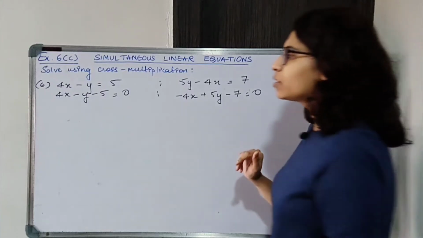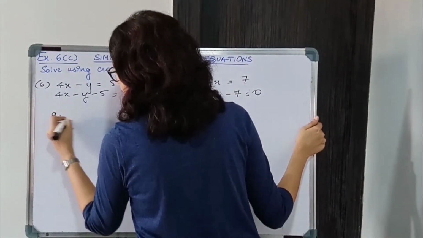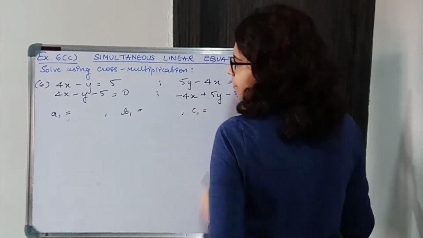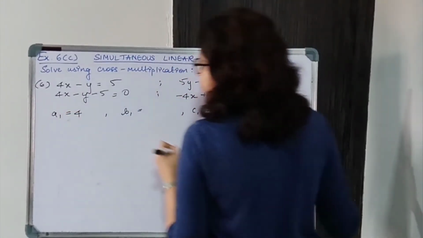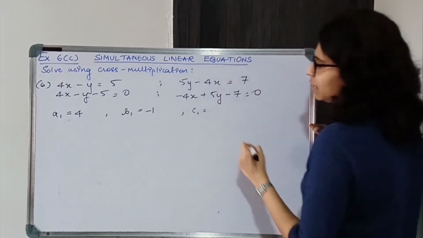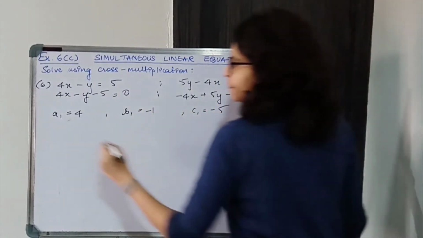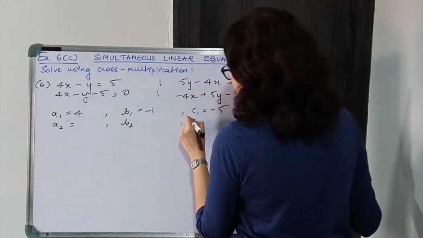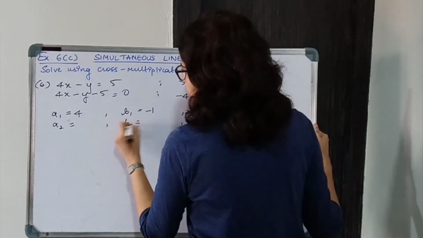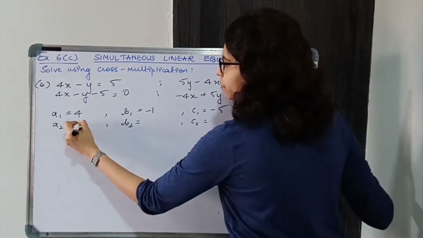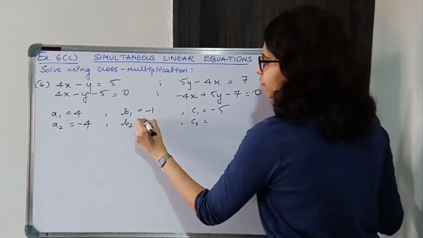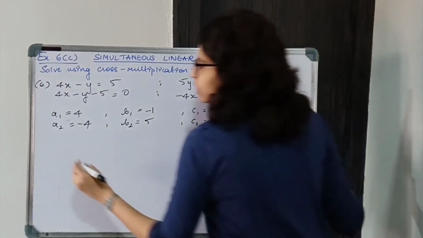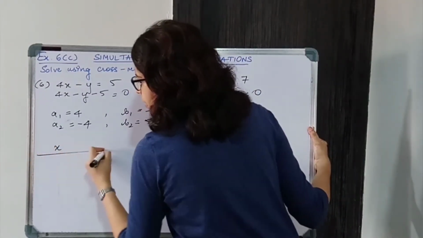Second step, we'll write down the values of a, b and c. a1 is 4, b1 is minus 1 and c1 is minus 5. Now a2, b2 and c2. So a2 is minus 4, b2 is 5 and c2 is minus 7. Third step, formula.